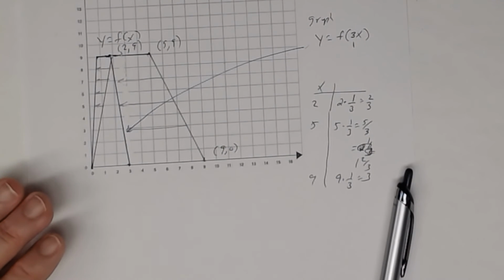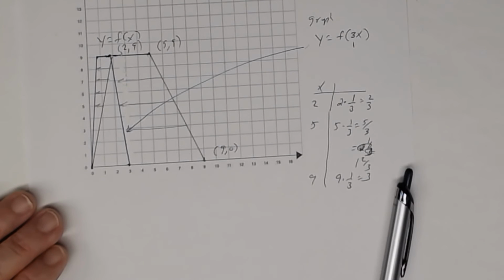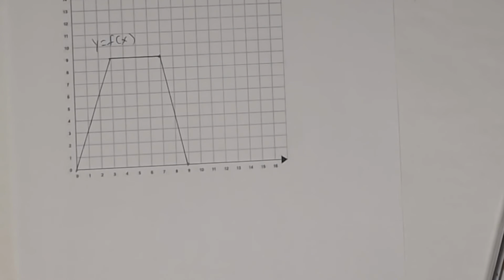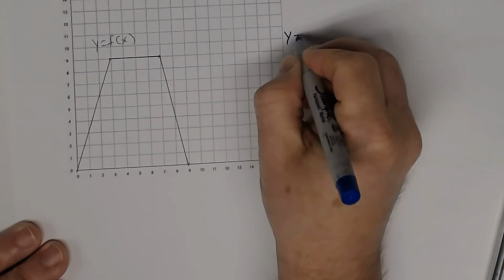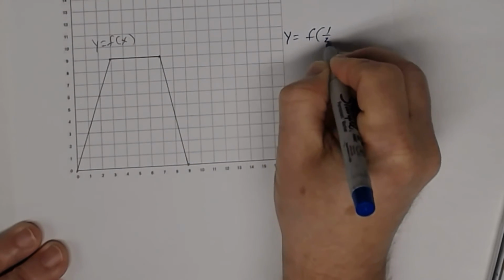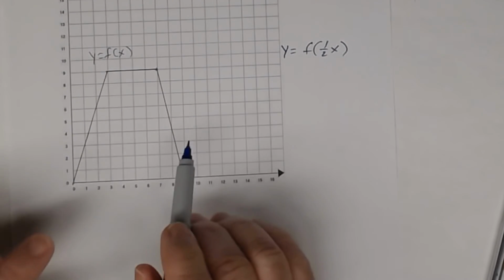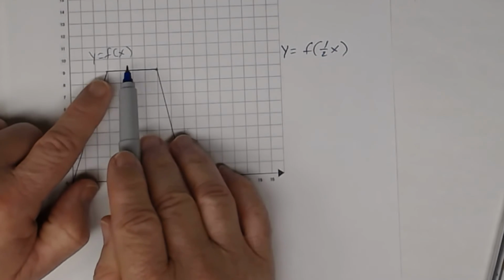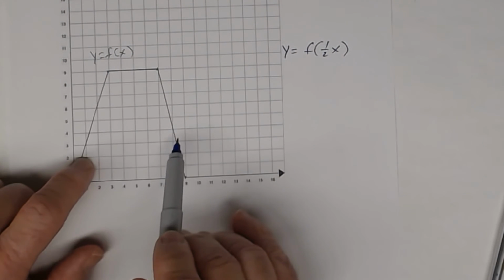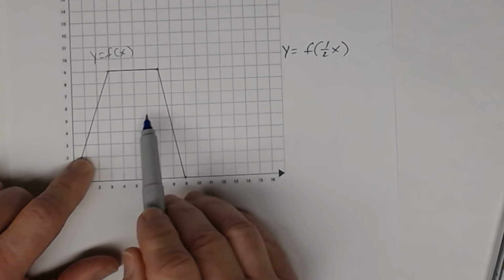All right, so let's go ahead and look at one more. Let's suppose we had this, and you want to graph y equals, let's say, f of 1/2 x. So f of 1/2 x. To graph this, you're going to take this function here and do a horizontal stretch.